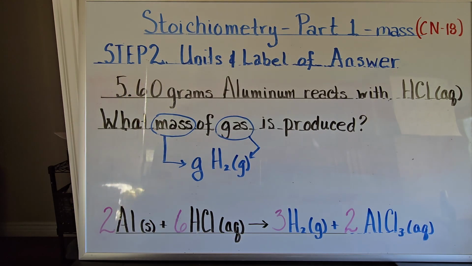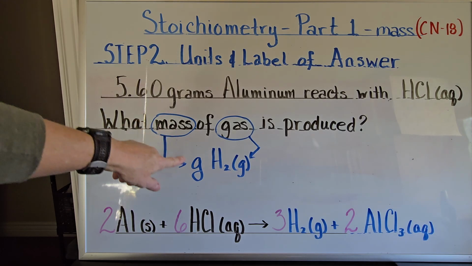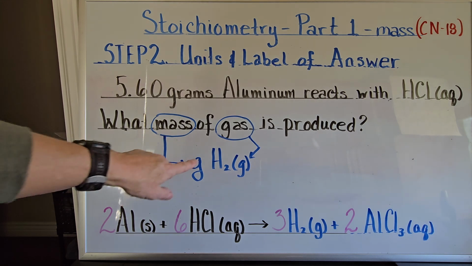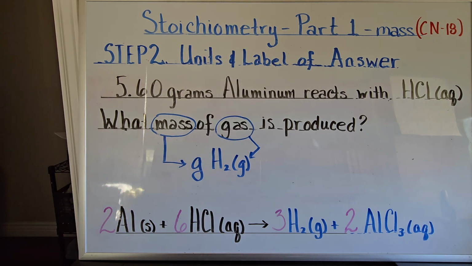Well, there's only one gas produced, and that's hydrogen gas. So instead of just saying mass, it would be more convenient to use something like grams, which I'll abbreviate G. The gas, hydrogen gas. This is the unit and label that I'm going to place at the very right end of my calculation string when I get to step 5. So this is very important, the unit and label of my answer.